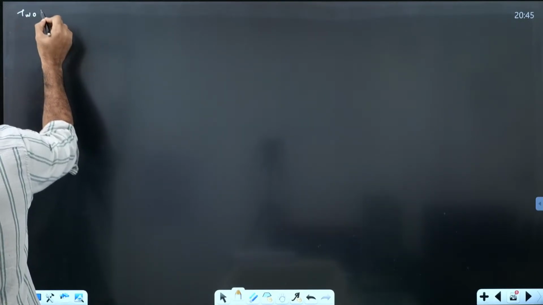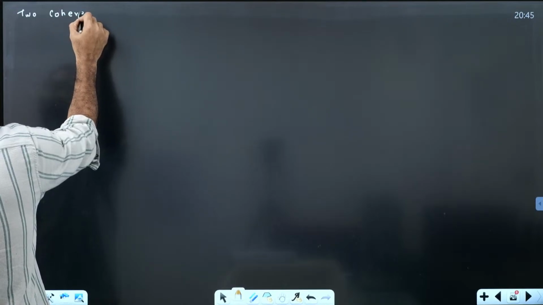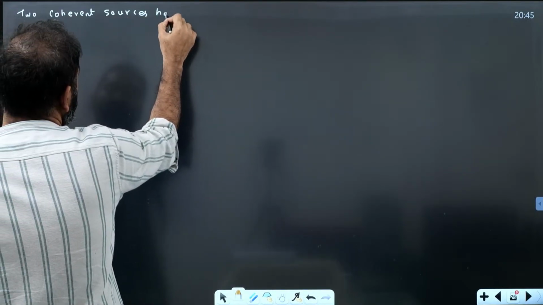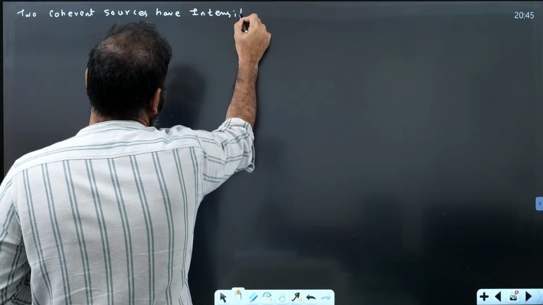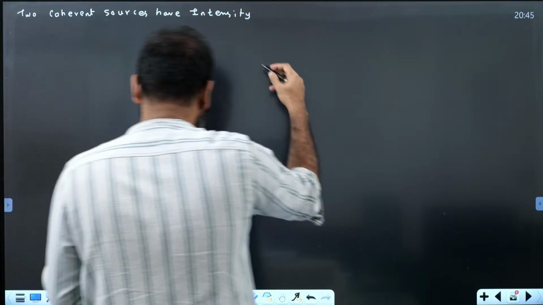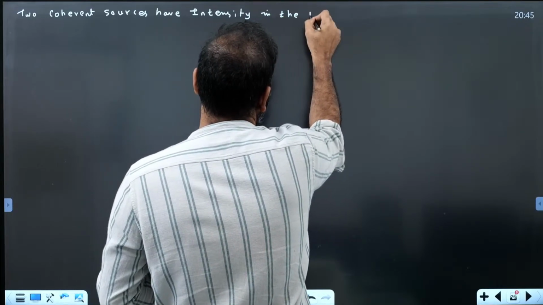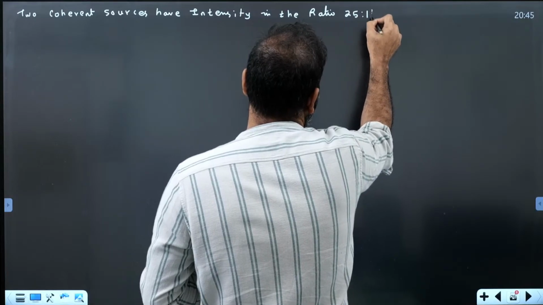Two coherent sources have intensity in the ratio 25:16.